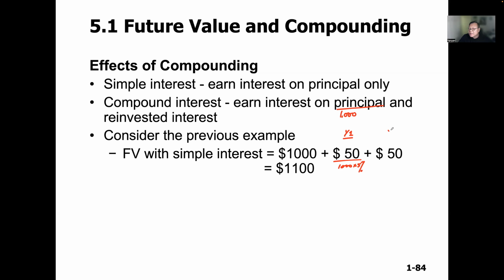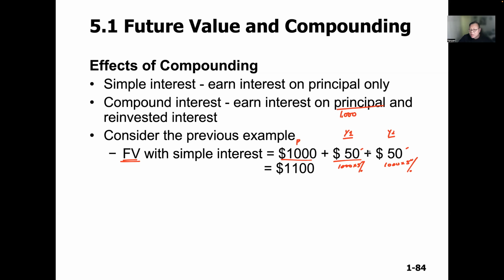And the second year is the same. So year two is the same. The principal is 1,000 times 5%. Okay, so now that's how you get this $250, right? Okay. And the future value will be the principal, okay, plus the simple interest you earned.